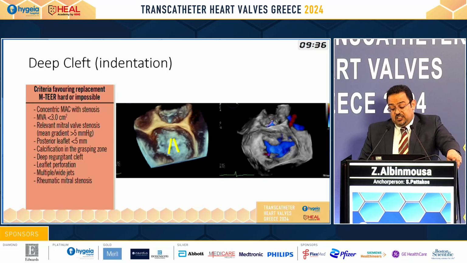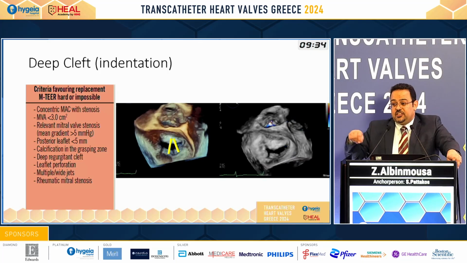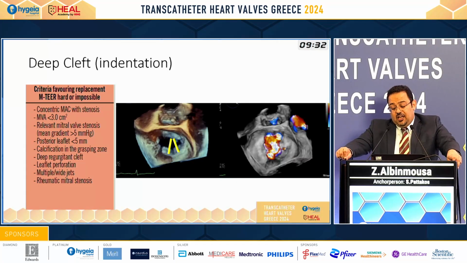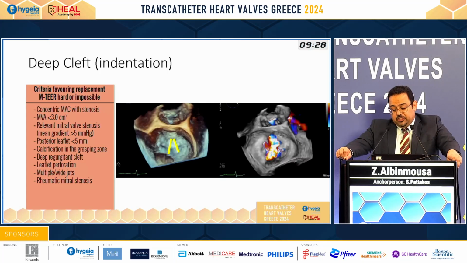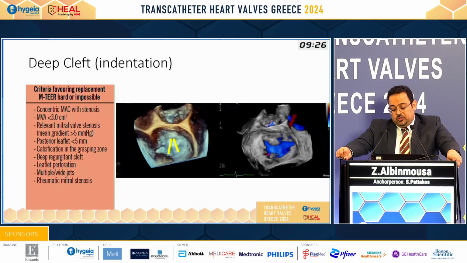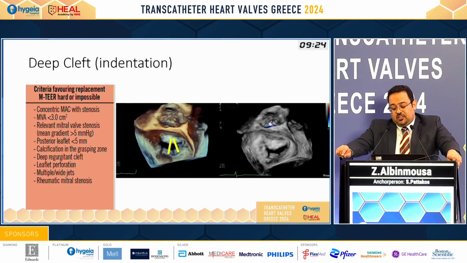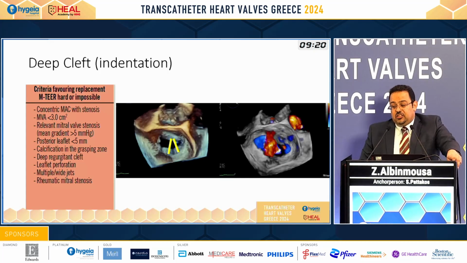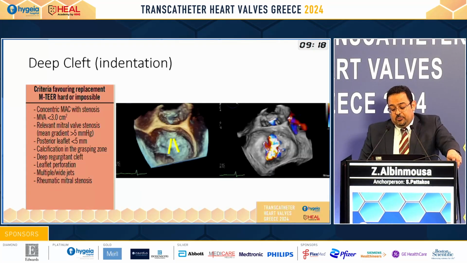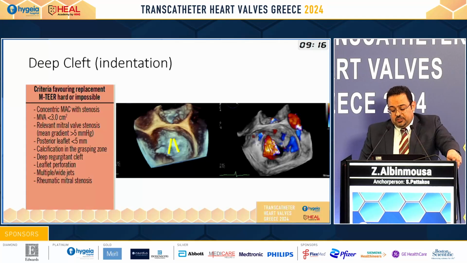But if it is like this image, if it is a two-cleft, really I don't know how to deal with such a condition. We didn't do such a case. We used only one cleft rather than two clefts. So it's another challenging condition where you have to think deeply how to deal with such patients.